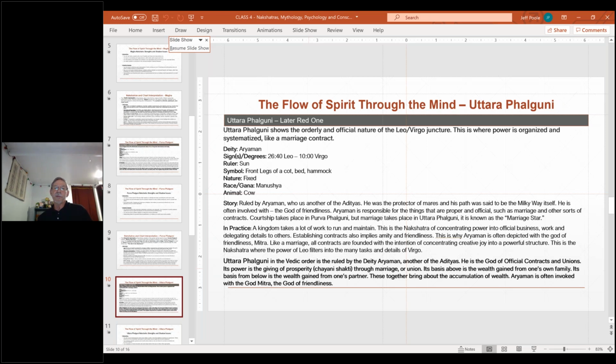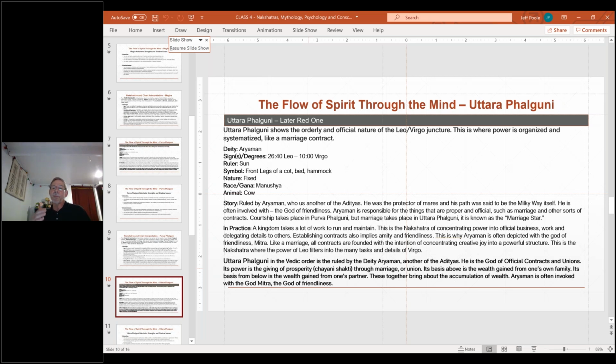So Aryaman, as an Aditya, another light source, is the god of those contracts and all the unions that get pulled together, the groups of people. The power is in the giving of prosperity, which is called Chayani Shakti, through marriage or through union, bringing teams of people together.